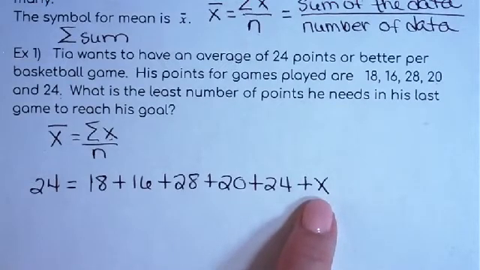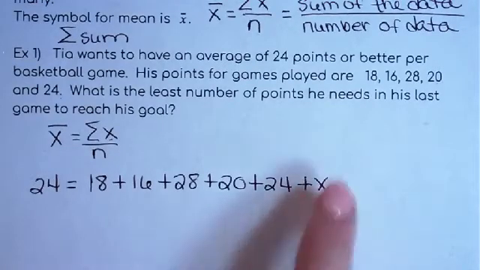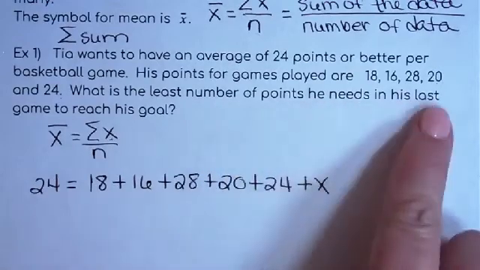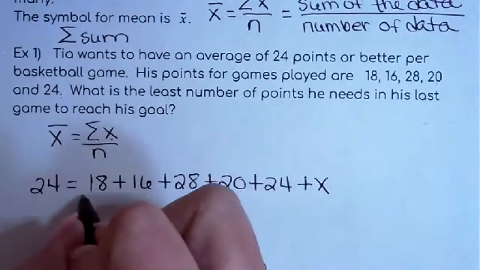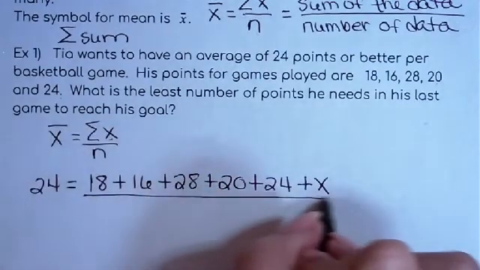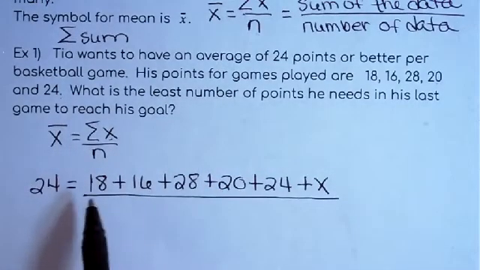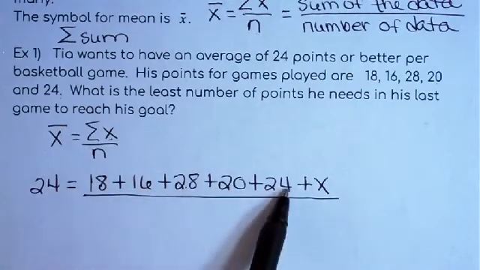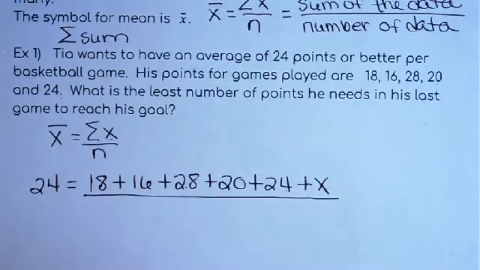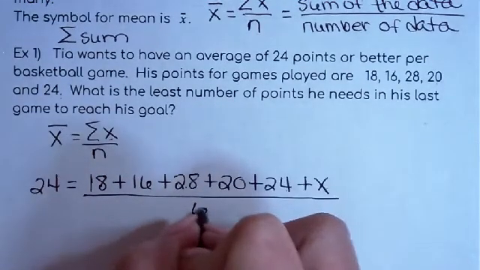Okay, so that's really what we're looking for. Because it said what was the least number of points he needed in his last game. So that's what we're looking for. Now I'm going to divide all of that by how many data points I have. Now I've got 1, 2, 3, 4, 5, and 6 with that last one I'm looking for.